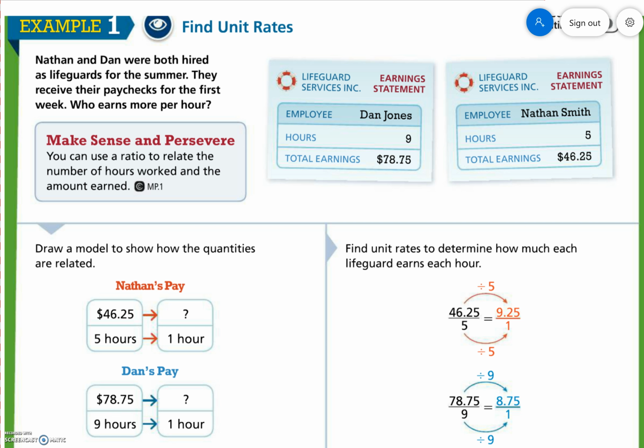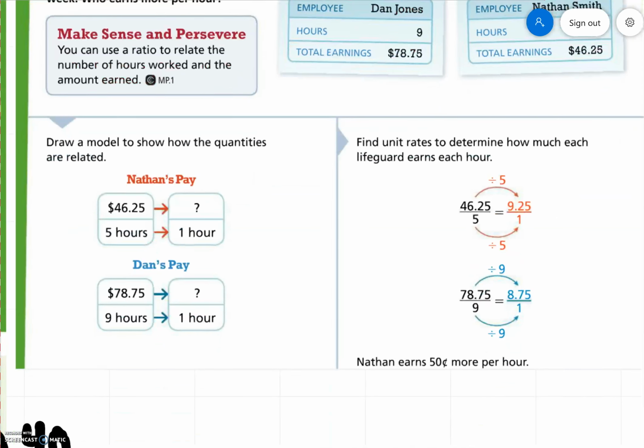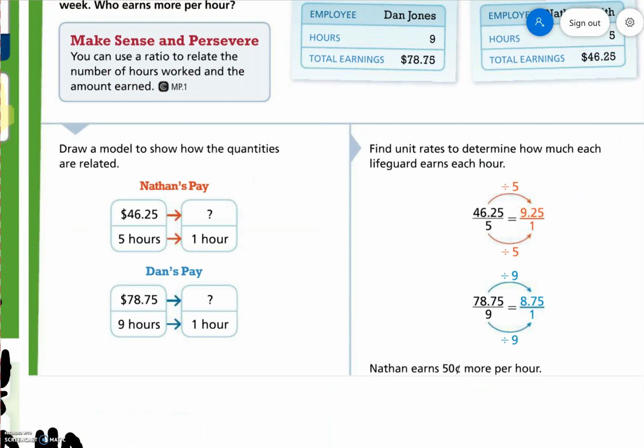Nathan works 5 hours and earns a total of $46.25. Draw a model to show the quantities are related. So we are trying to figure out if Nathan makes $46.25 in 5 hours, how can we relate that to 1 hour? And same thing with Dan, if he makes $78.75 in 9 hours, how can we relate that to 1 hour?